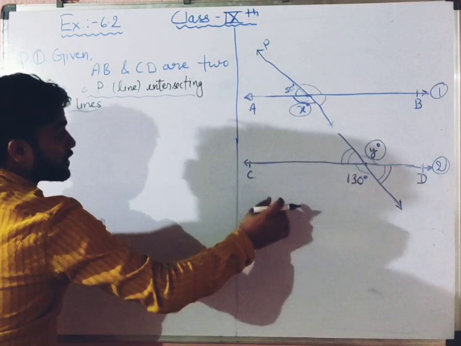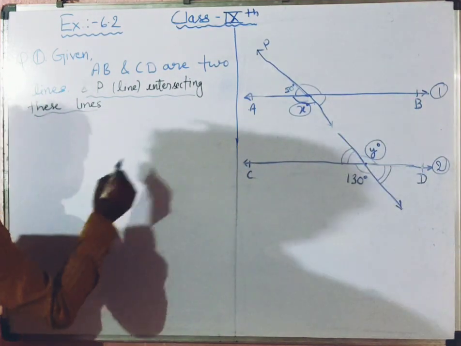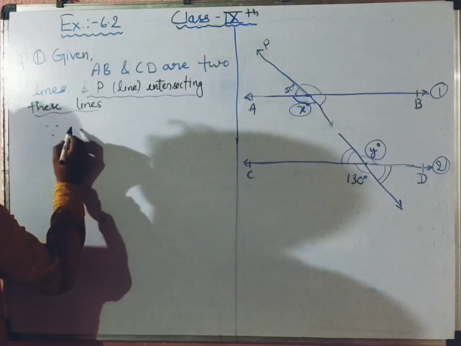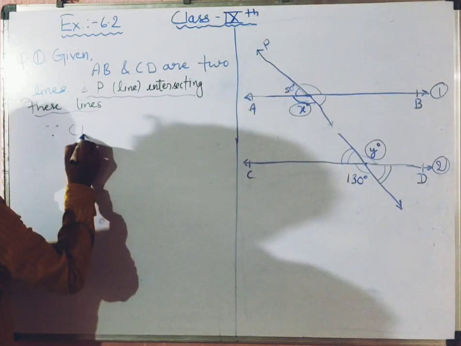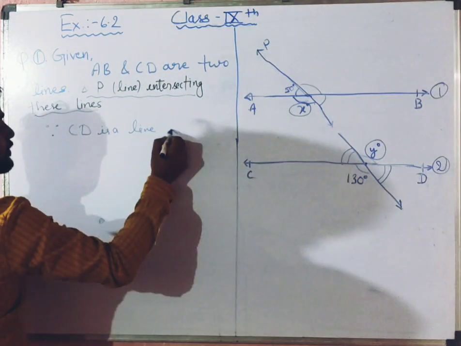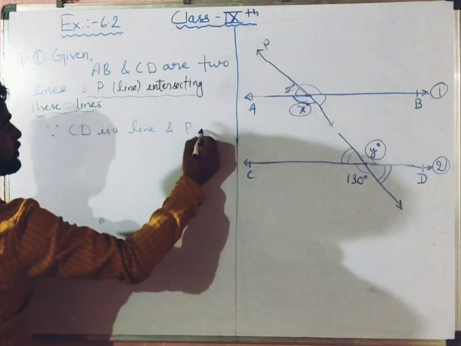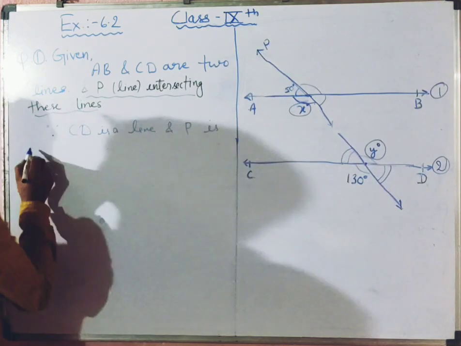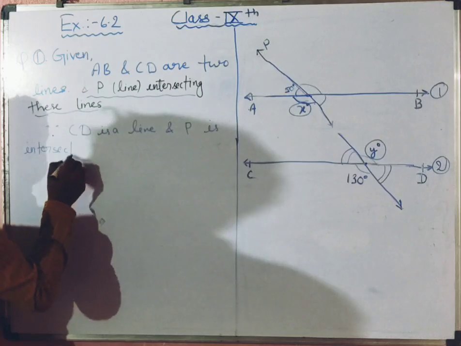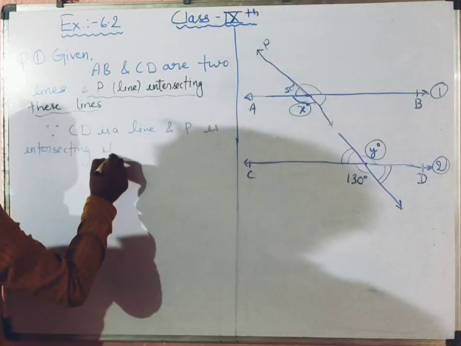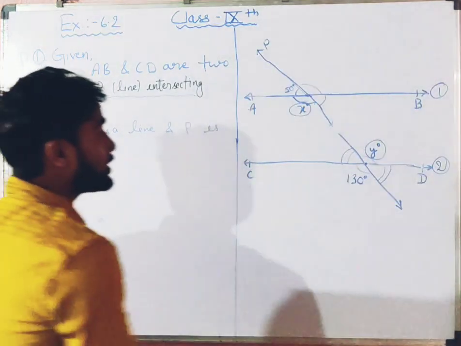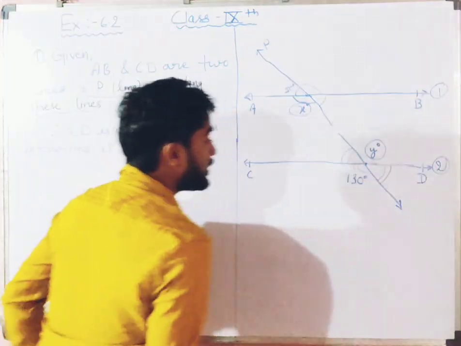From the downside of the figure, we can see that CD is a line and P is intersecting it. Then we can say that these two angles are alternate interior angles.